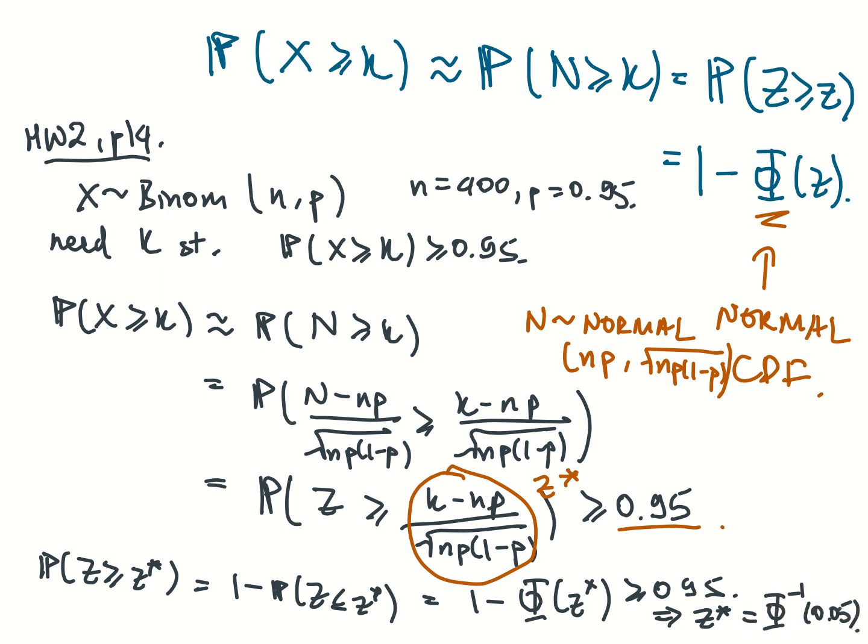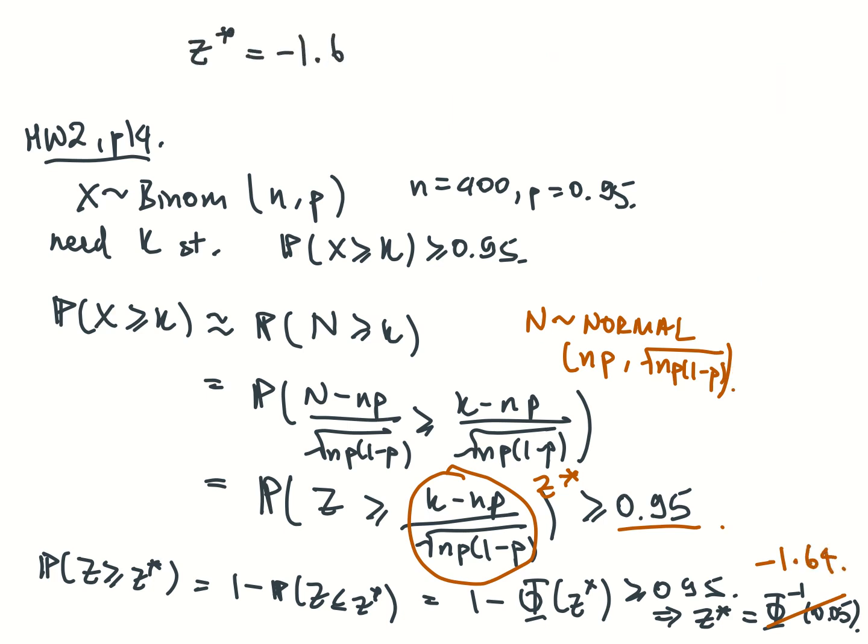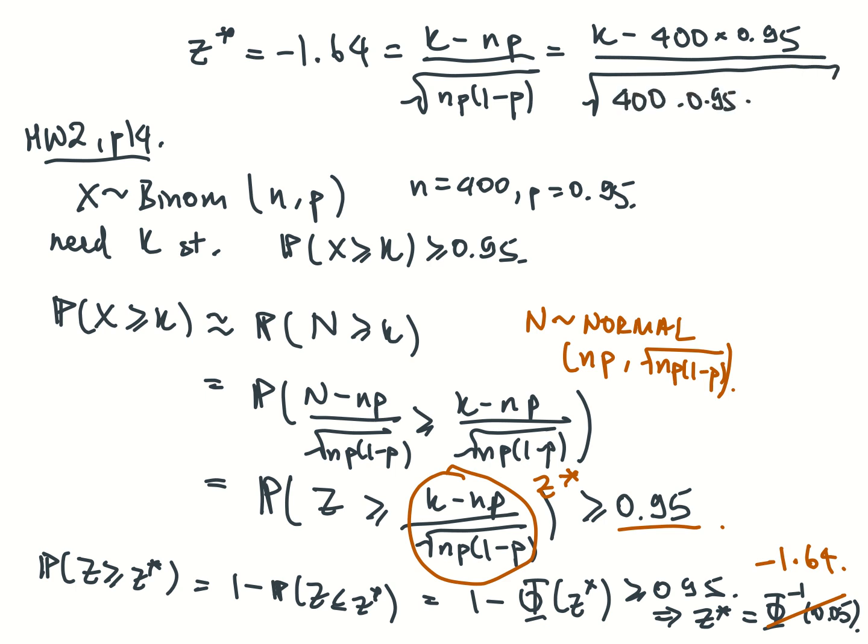Plug into our inverse normal CDF calculator, and we get z star is equal to minus 1.64. Now we solve: z star, which is minus 1.64, is equal to k minus mu divided by sigma. Plug in n and p, and we find k to be 372.8, which is approximately 373, as we got from trial and error.